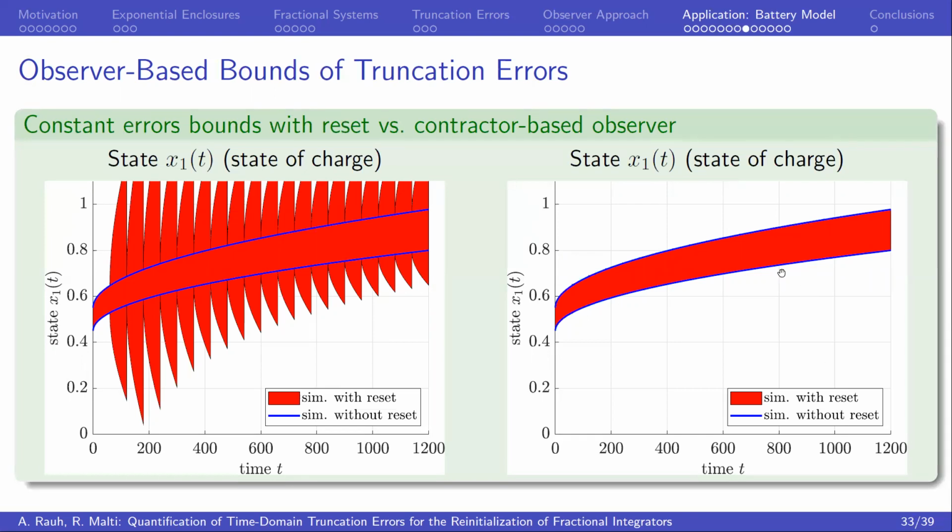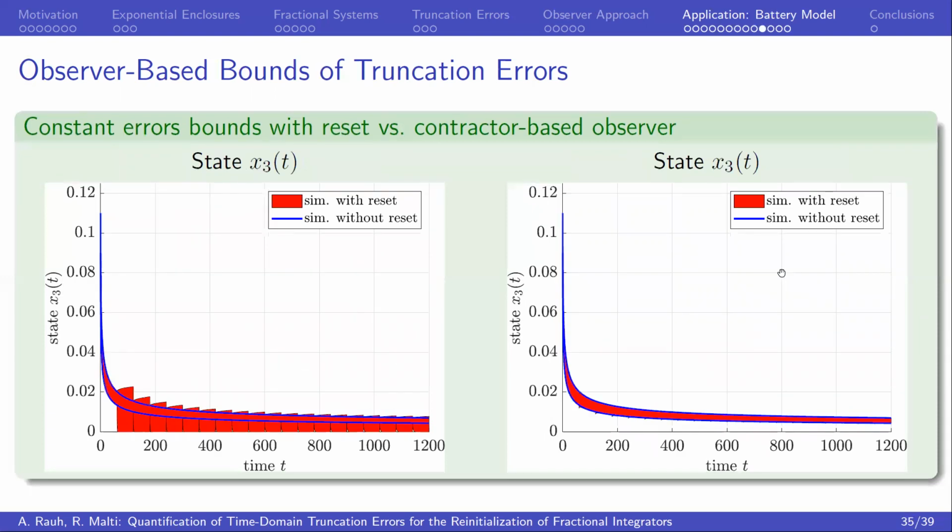That's the reason because we have performed here something like a contractor-based observer. We have assumed that with some small interval uncertainty, the terminal voltage is measurable. We have reconstructed all 3 system states, X1, X2, and X3 at those sampling points and restarted the temporal integration.